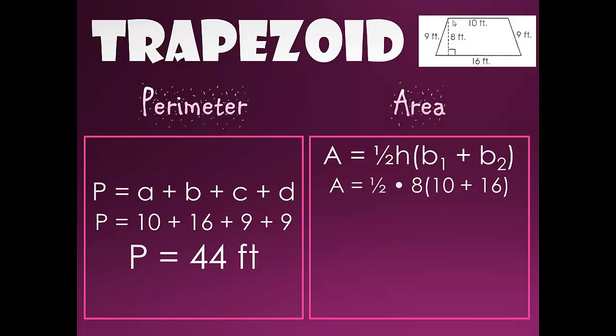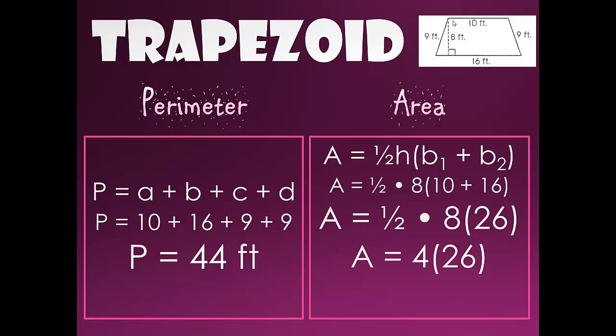So we're going to have that the area equals 1/2 times 8 times the quantity 10 plus 16. So our area is going to equal 1/2 times 8 times 26. And 1/2 times 8 is 4. And 4 times 26 would be 104. So our area is equal to 104 square feet.